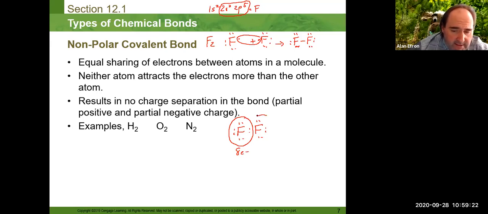Fluorine on the right also ends up with 8 electrons. Again, moving fluorine really ahead to the noble gas configuration like neon. And both of those guys, through the process of sharing electrons, have now been able to reach that noble gas configuration. And again, that's going to make them really, really stable. And that's sort of the whole purpose of it.